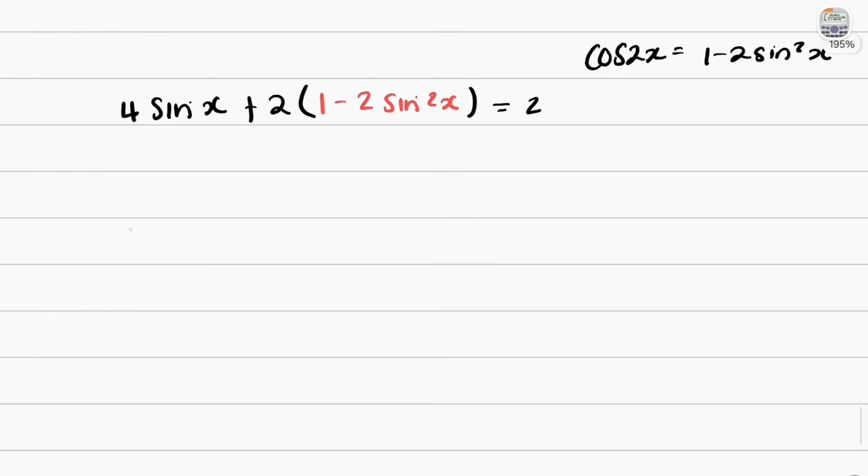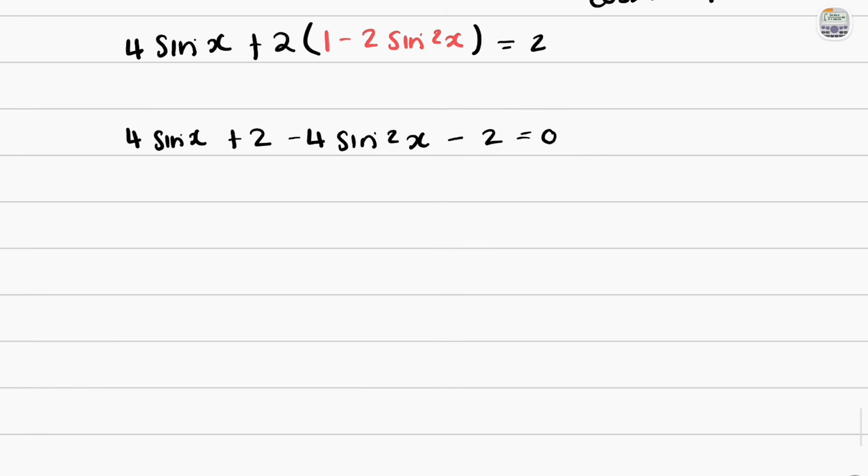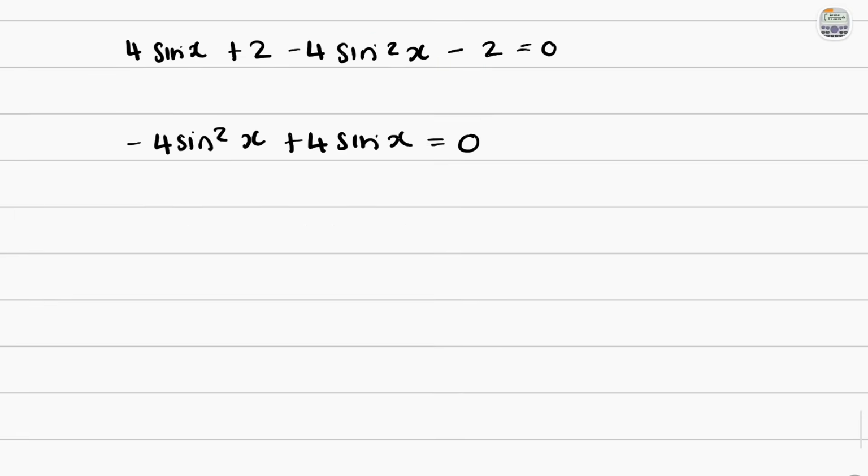Okay, so this is equal to, we have 4 sine x, and then when we distribute here, we have plus 2, and then minus 4 sine squared x. And yeah, I see there's going to be a common factor. So taking this 2 over will be fine in this case. Okay, we should have taken it over already, but it's fine. And so we have negative 4 sine squared x. And then we have plus 4 sine x. And then the 2 minus 2 just give us 0. So this is equal to 0.